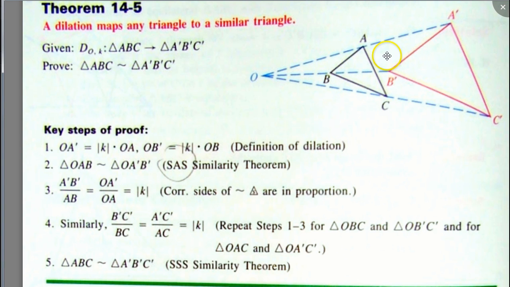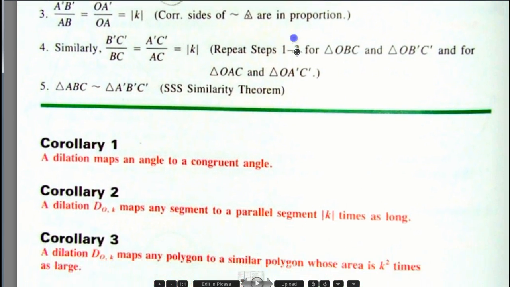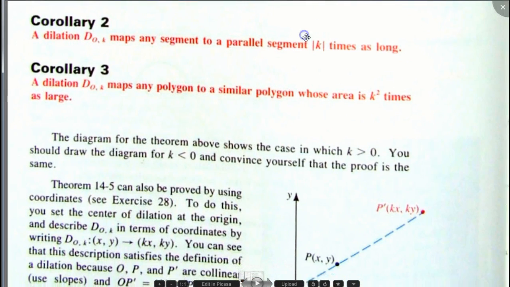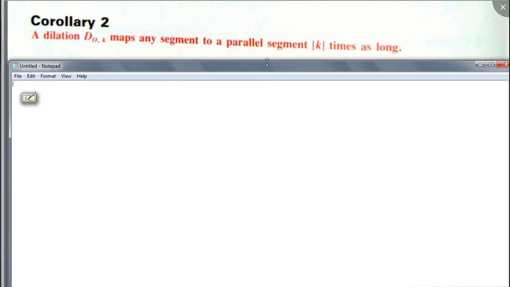Because remember these two triangles were similar, the small one and the big one. So if two lines are cut by a transversal and corresponding angles are congruent, what do you know? These are parallel, right? Do you guys remember this? So guess what this corollary is going to say? The side of the triangle. Yeah, so the dilation of OK maps every segment to a parallel segment.